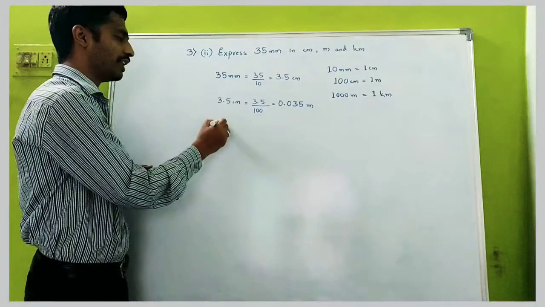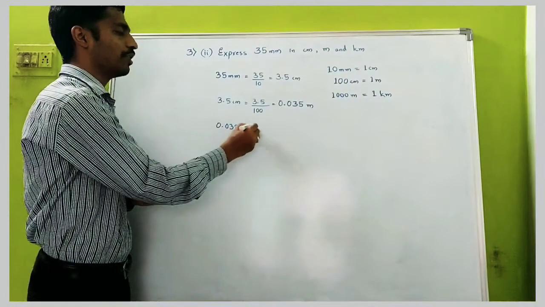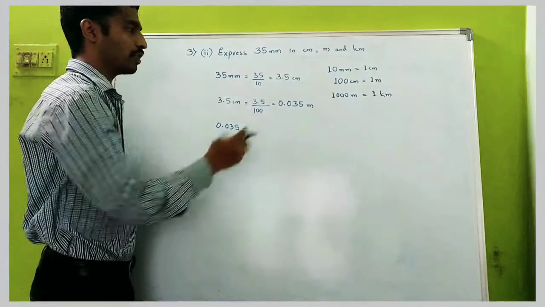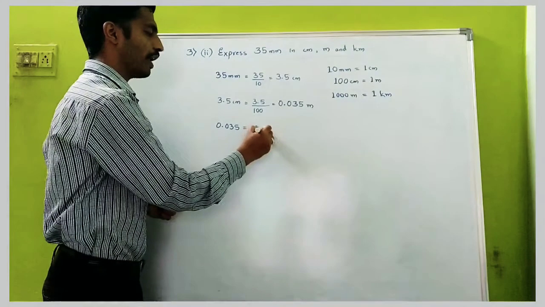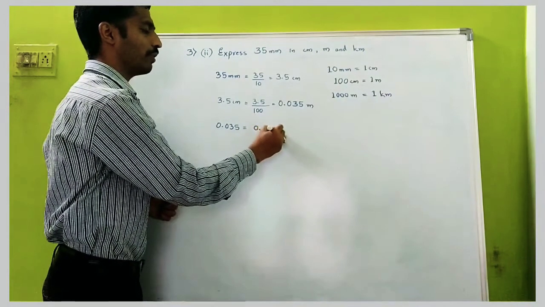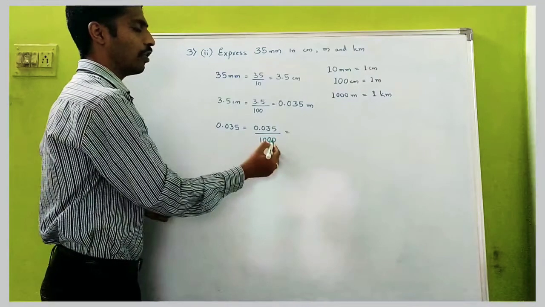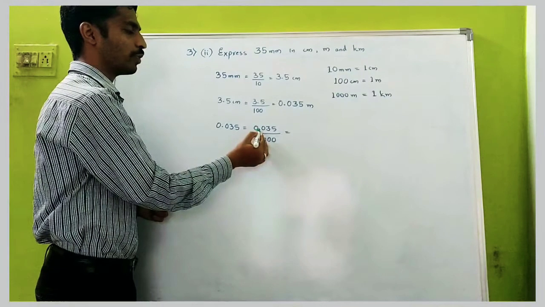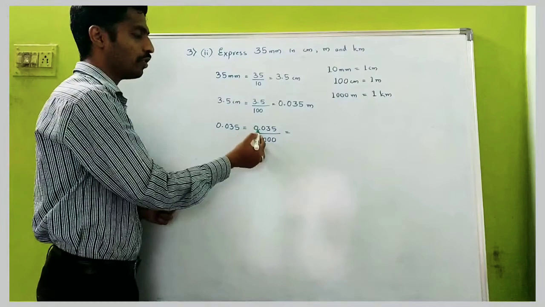Next, converting it into kilometer. So what we have to do? Again, 1 kilometer equal to 1000 meter. So now we have to divide it by 1000. So 0.035 whole divided by 1000. So now how many points? 1, 2, 3. So after 3 numbers we have to put the point, but there are no numbers here.